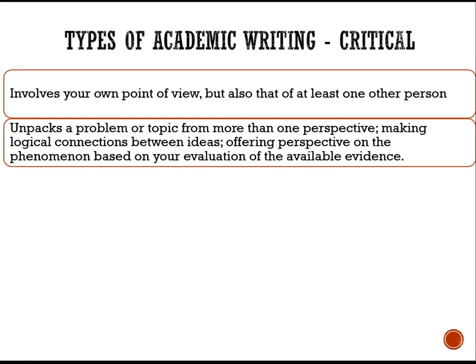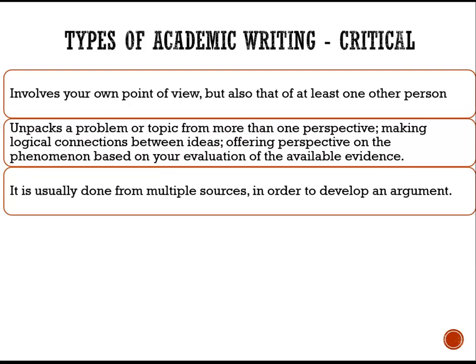Academic writing should be critical. It should involve your point of view, because you need to convince someone, so you have to unpack a problem or topic from more than one perspective, making logical connection between ideas, offering perspective on the phenomenon based on your evaluation of the available evidence.